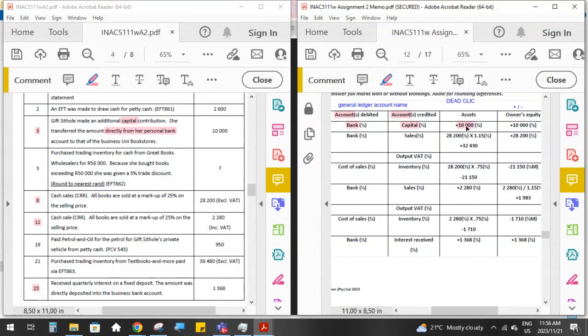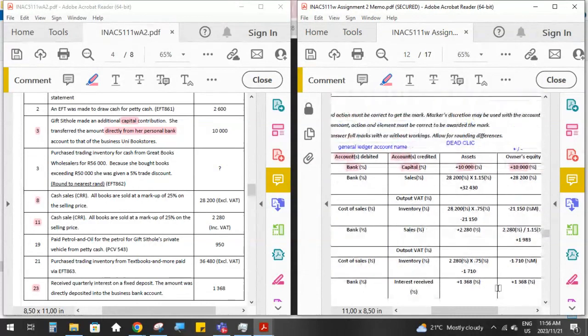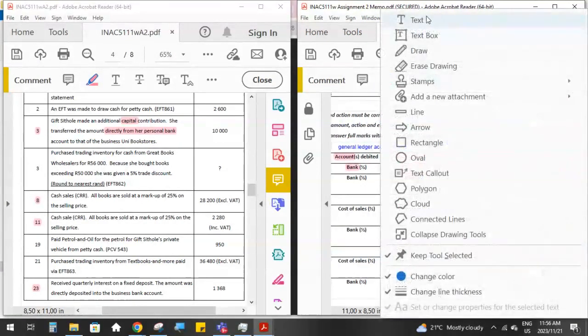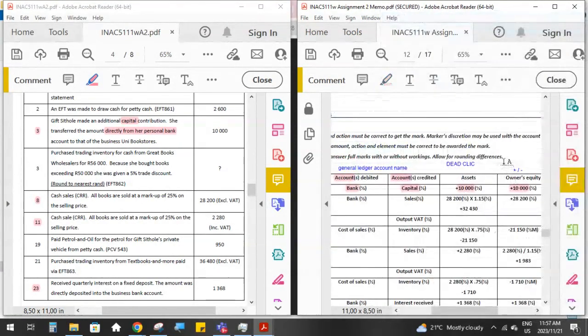So assets plus 10,000, owner's equity, because remember owner's equity is, I've got space here. How we calculate owner's equity is capital minus drawings. Let me use brackets.